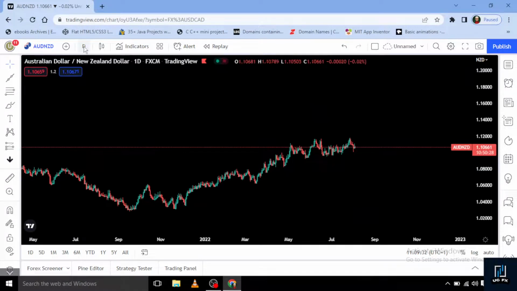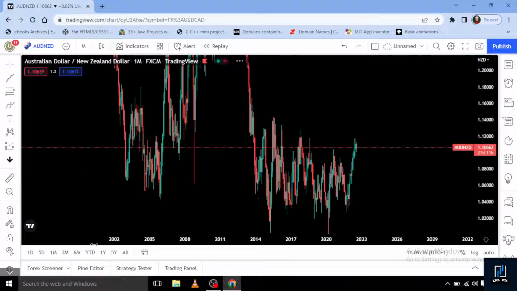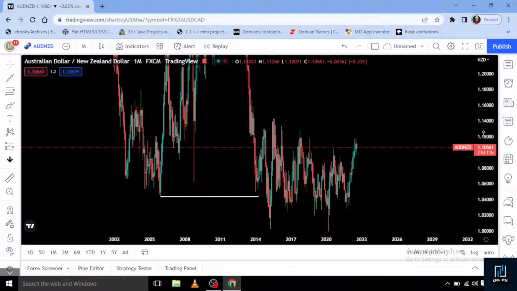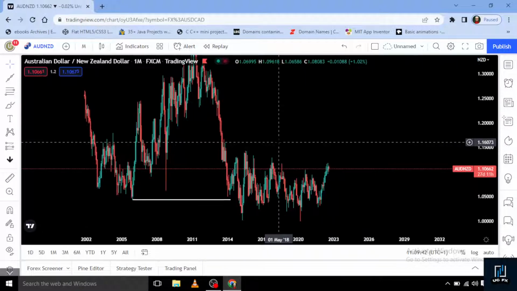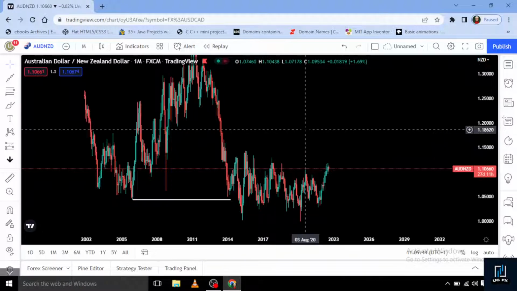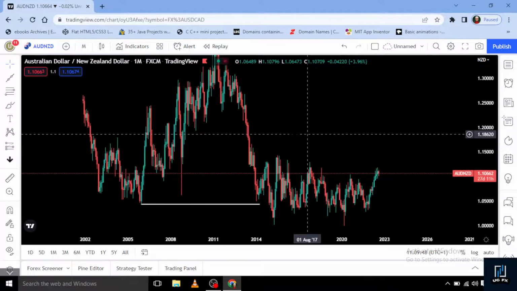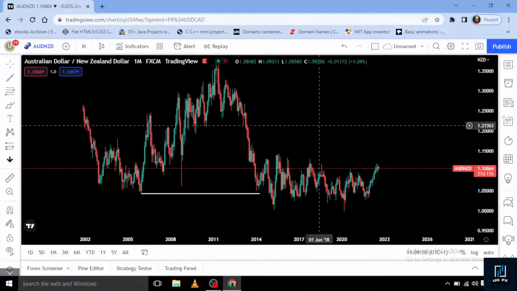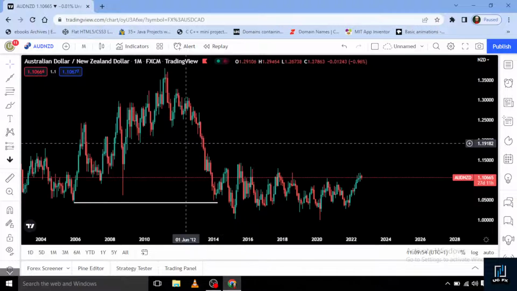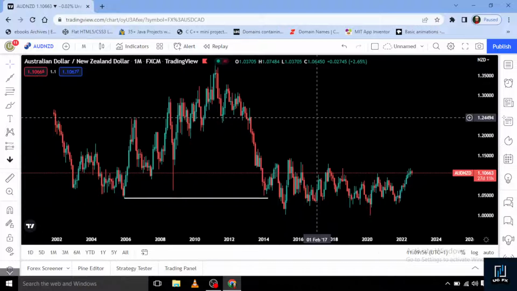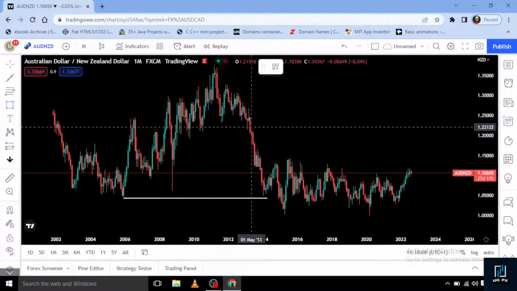So I'm going to show you how to mesh this information to know where and when to enter your trades and how to basically understand where the market is heading. So looking at this monthly chart again, you'll agree with me that we have a nice order block inside this area.